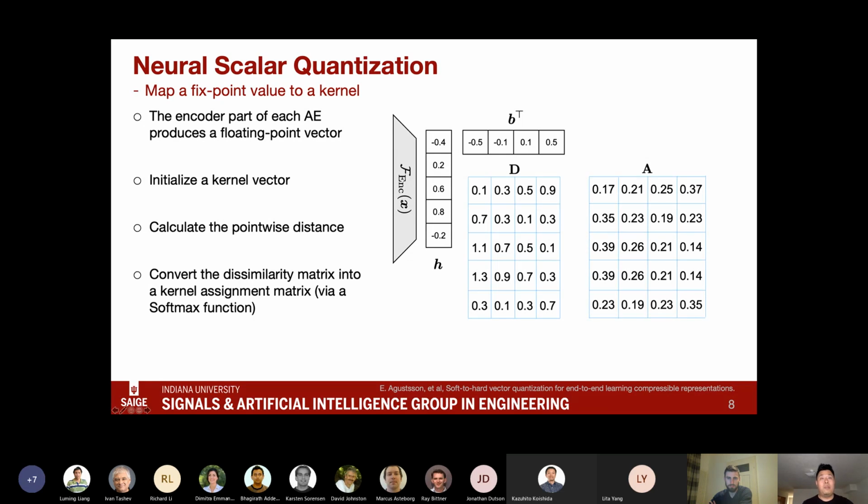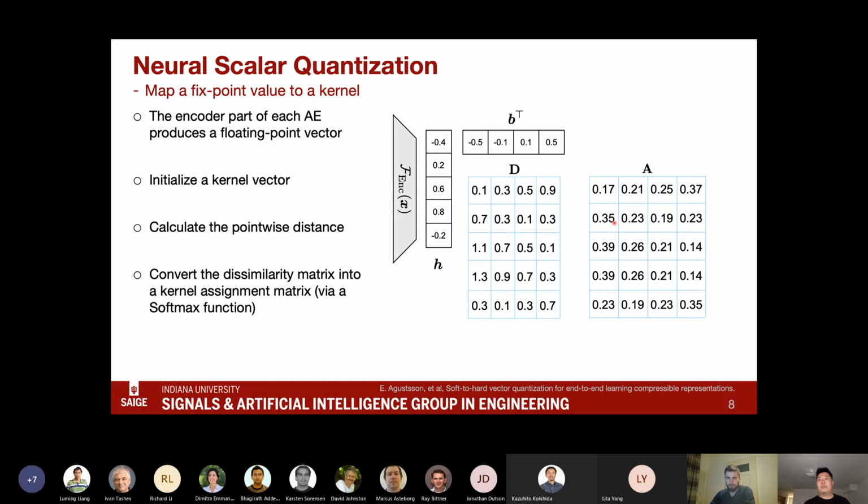Let me try to use the pointer here. Okay, here. Let's take a look at this value, 0.2. This corresponds to the second row here.